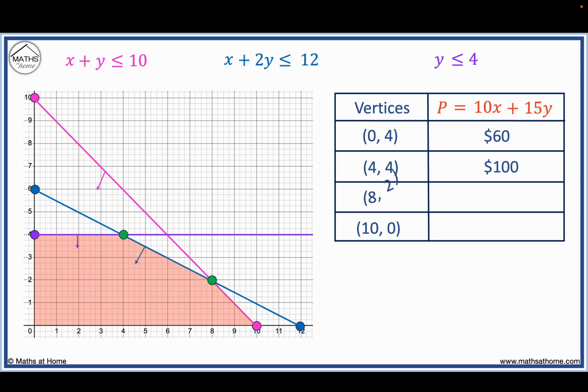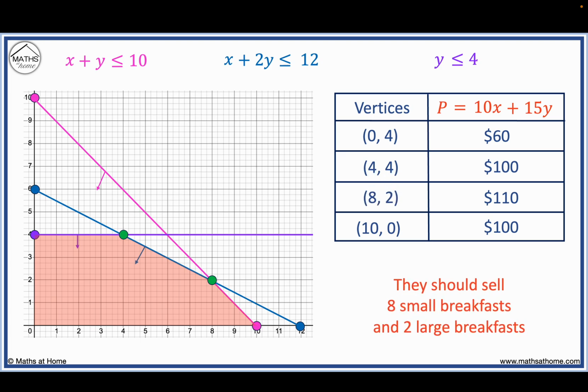When x equals 8, y equals 2, 10 times 8 plus 15 times 2 equals $110. And for x equals 10, y equals 0, 10 times 10 plus 15 times 0 equals $100. Therefore, the maximum profit of $110 is found by selling 8 small breakfasts and 2 large breakfasts.